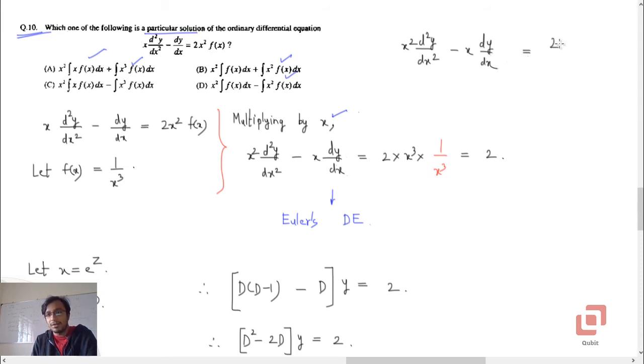Of course the right hand side becomes 2x cubed, but that's fine. So this is now Euler's differential equation, isn't it? Because every derivative is accompanied by the power of x equal to the order of the derivative.